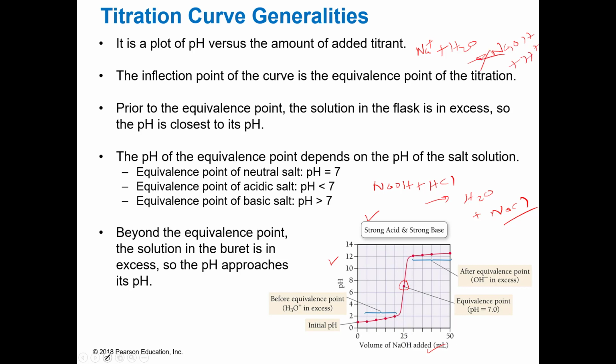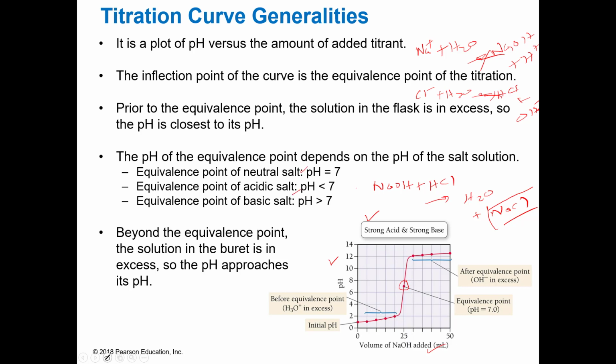So sodium ions do not change the pH of the solution. And the same thing about the chloride ion. The chloride ion does not undergo hydrolysis with water and form hydrochloric acid plus the hydroxide ion. That does not happen. So that's a neutral salt. And if you don't remember that, you need to go back to the previous chapter and look at how salts affect pH. All right, so this is a neutral salt.